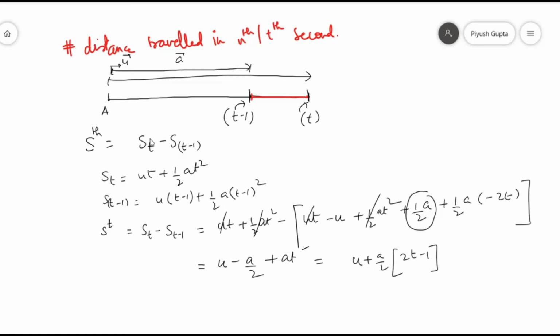In many books you will see instead of t they are going to write n, the nth second, so I can also write it as u plus a by 2 into (2n minus 1). Okay, so this is the distance traveled in the nth second. Some people also get confused: since this is distance traveled and here I'm writing u and here a by 2 into (2n minus 1), this distance traveled does not seem to have the same dimension as u.